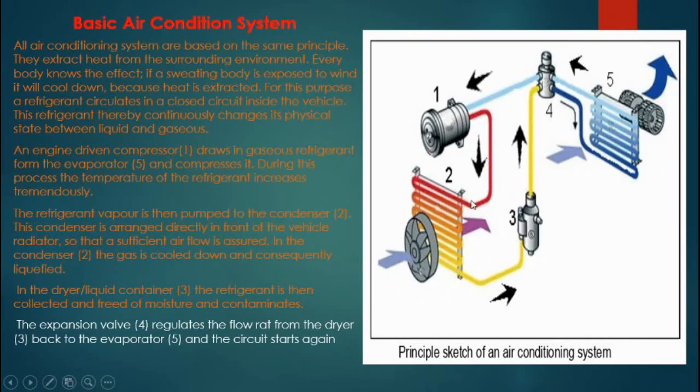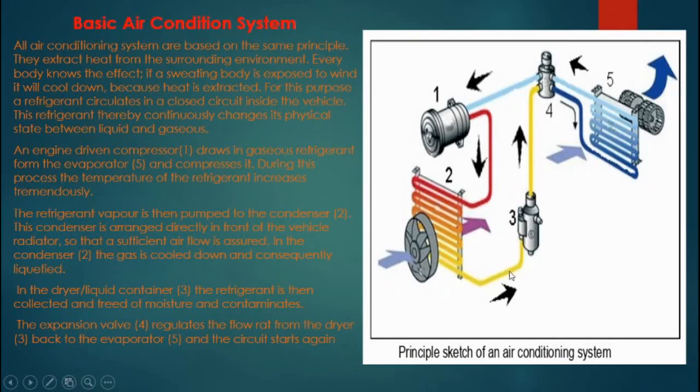When this refrigerant reaches the condenser, which is arranged directly in front of the radiator, the air flows through this condenser, and what happens is that the heated gas turns into liquid.